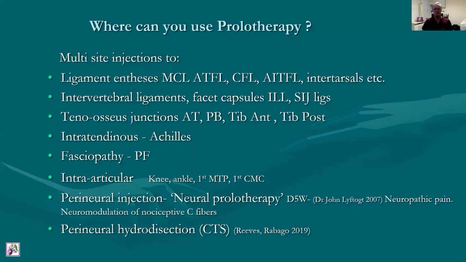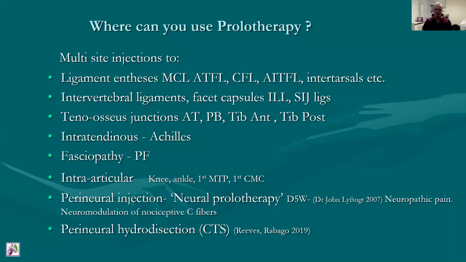You can also use prolotherapy at the tibialis anterior insertion in the navicular, peroneus brevis, in the Achilles, and tib post at the insertions, particularly if you don't want to use steroid. Some people don't.